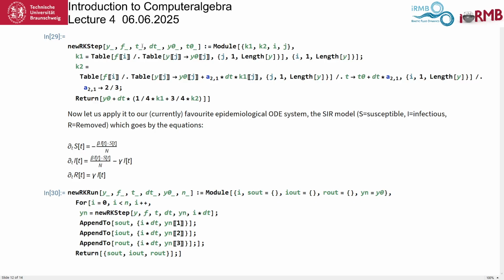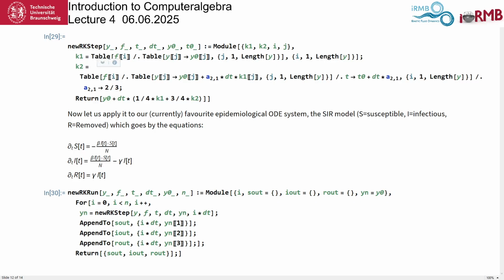What we imply here is that y and f actually can be vectors.